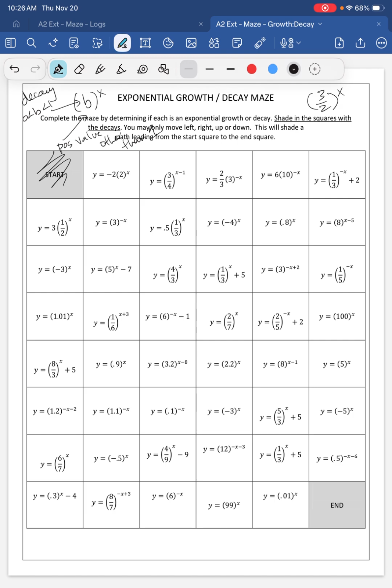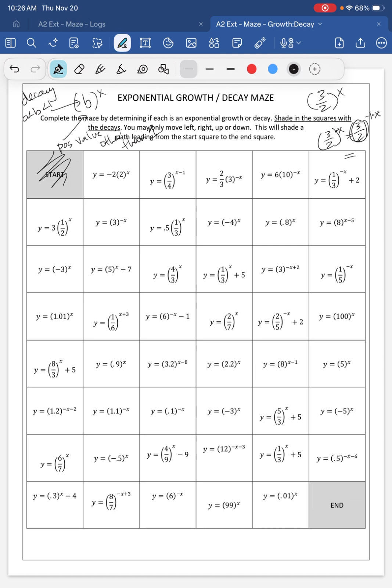The other pieces you need to know here, or just reminders, would be, if I had 3/2 to the, let's say, negative x power, you want to think of that as 3/2 to the negative 1 times x. And you want to remember that a negative exponent means you find the reciprocal of the base.